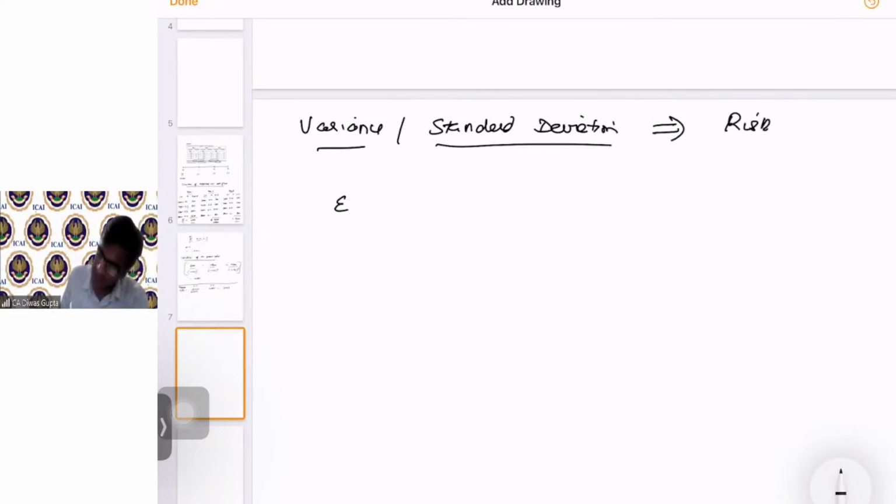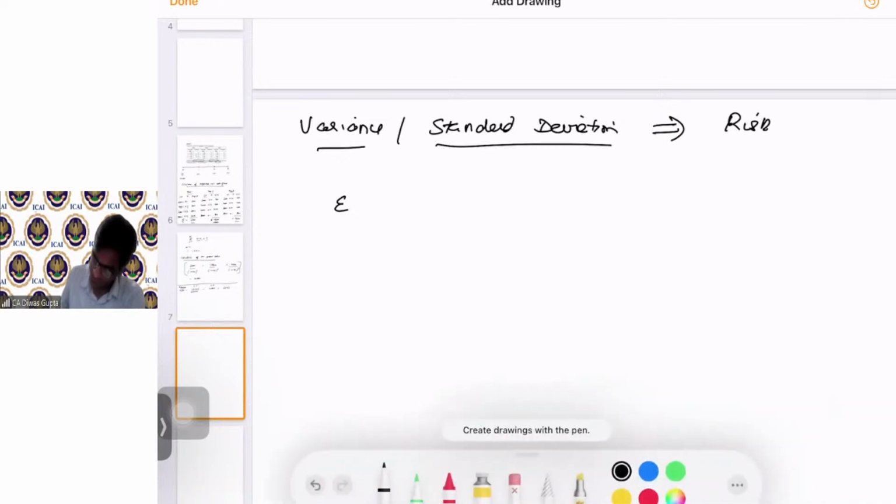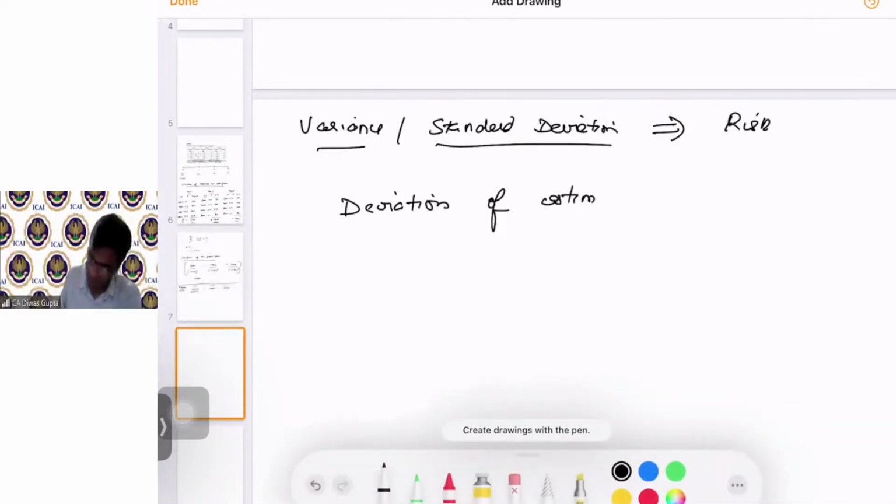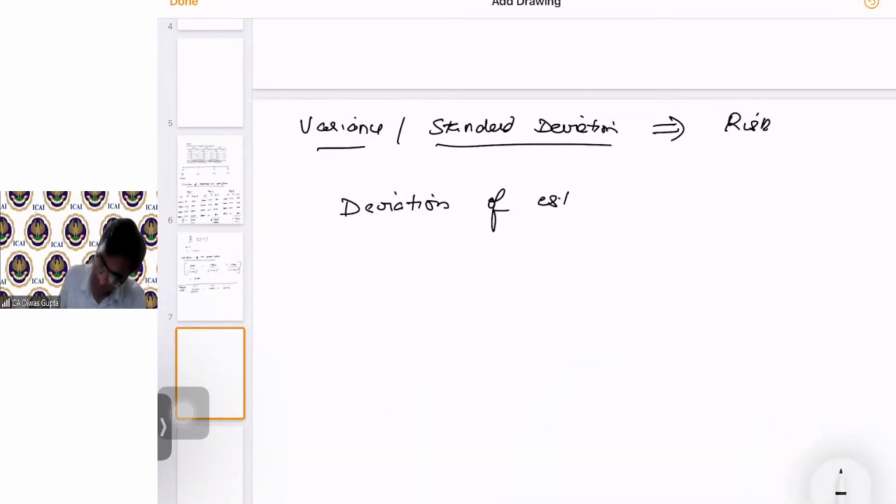Risk is the deviation of, sorry students, just a second, estimated values from the expected value.